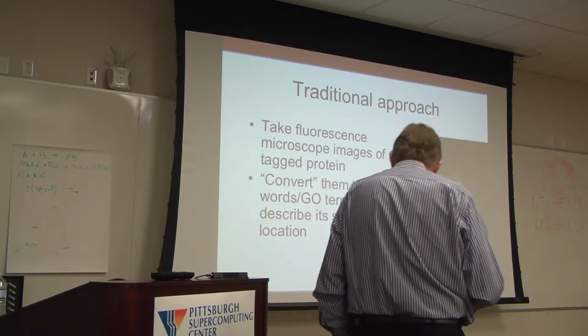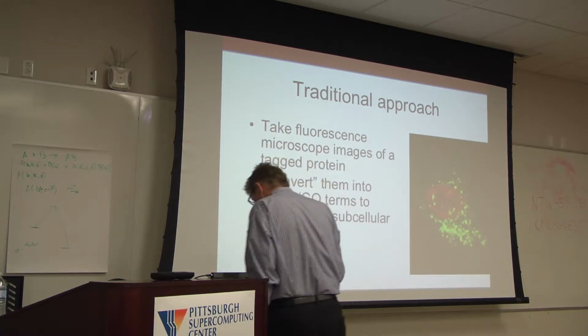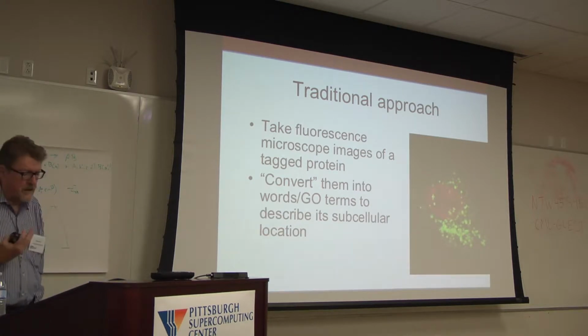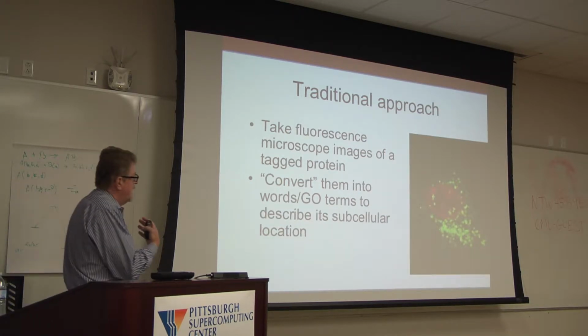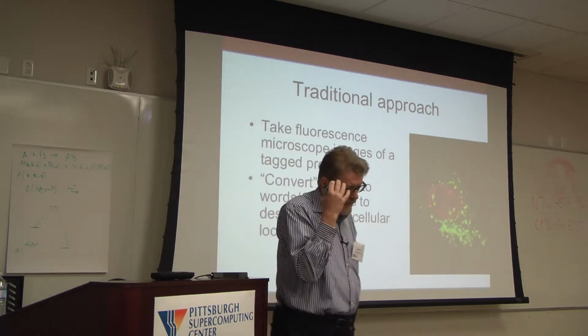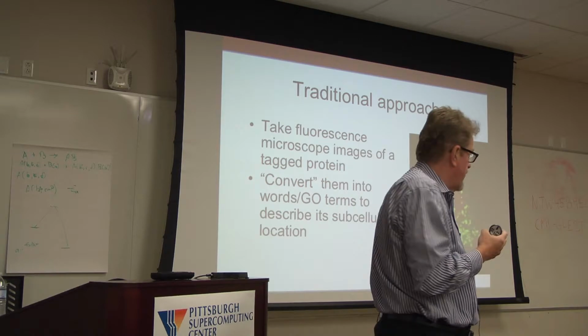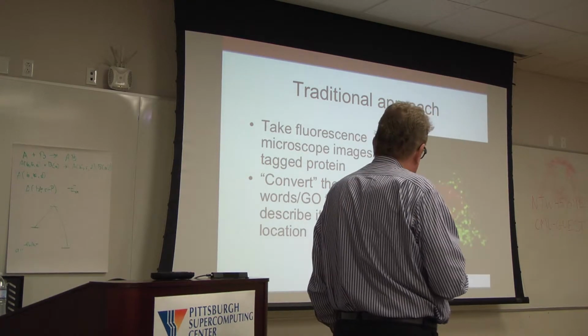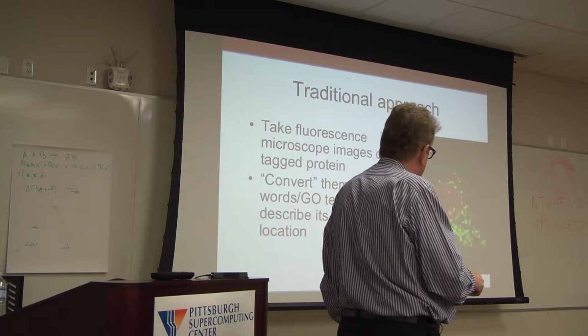And so when we take images of cells like that, traditionally what we have done is to take them and convert those images into some sort of conceptual understanding of what is being depicted in the image. And that's usually been done visually.